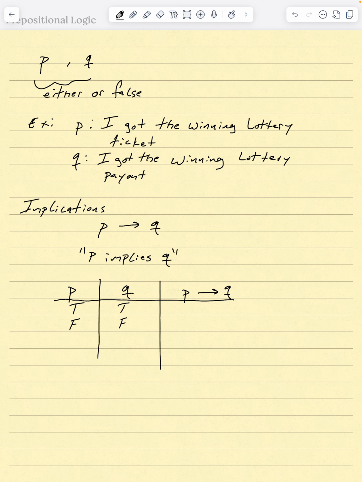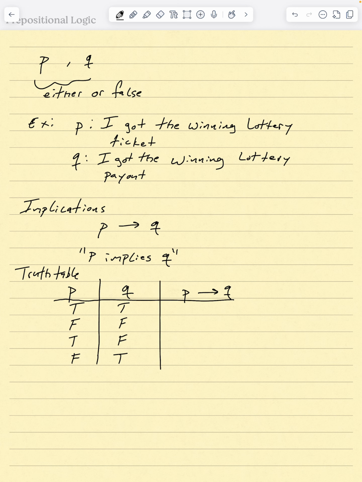Q could be true or false, but also we have to consider the other combinations: if P is true and Q is false, and if P is false and Q is true. So this is called a truth table. It's a table of trues and falses of propositions and different ways of combining them.